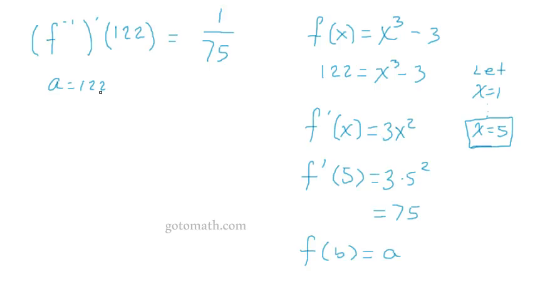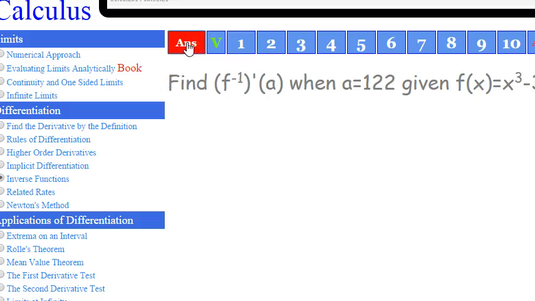They gave us a right here, and we plugged b in, so b cubed minus 3 is equal to a, but they gave us a, and so we wanted to solve for b. And so what we ended up having to do is say, okay, let b be 1, b be 2, b be 3, b be 4, and so forth. And therefore we know what b is, and then we can take that and plug it into the derivative and get it. Alright, so there it is, 1 over 75.